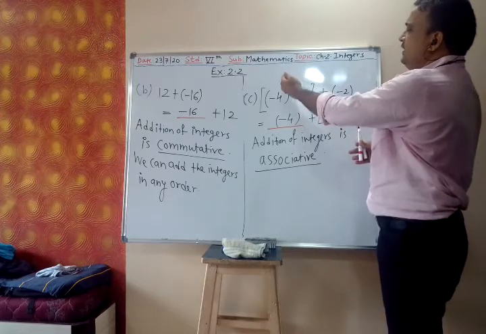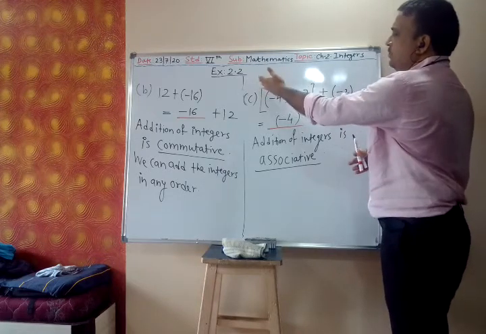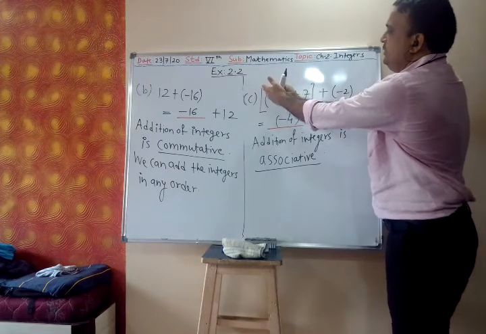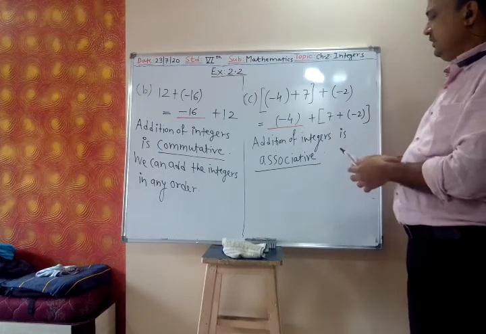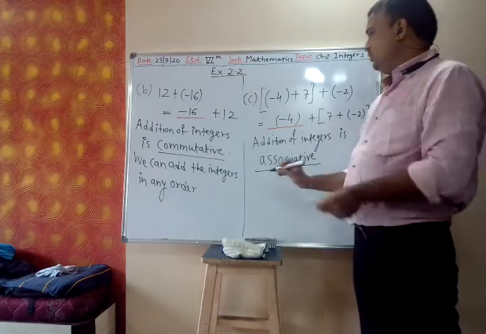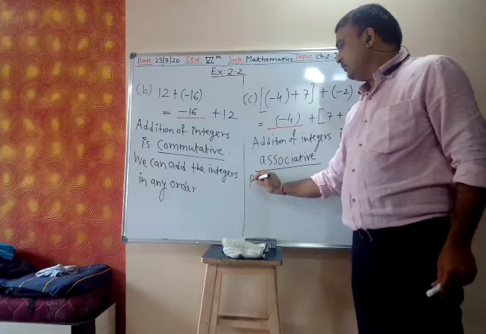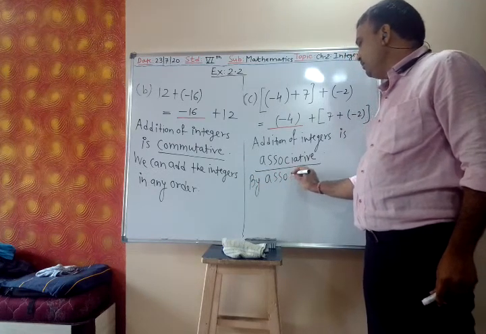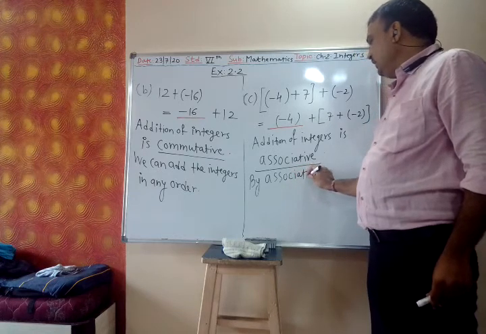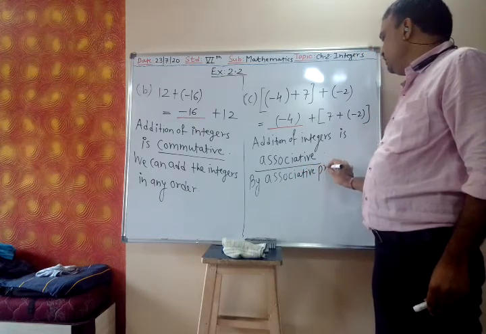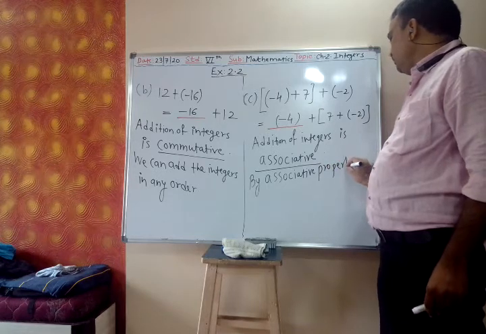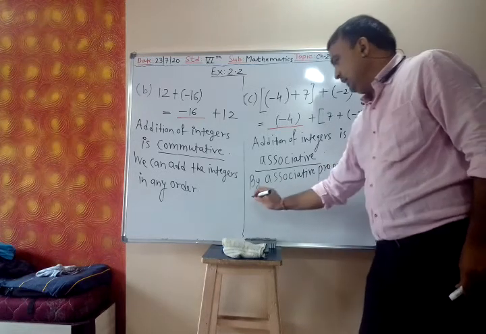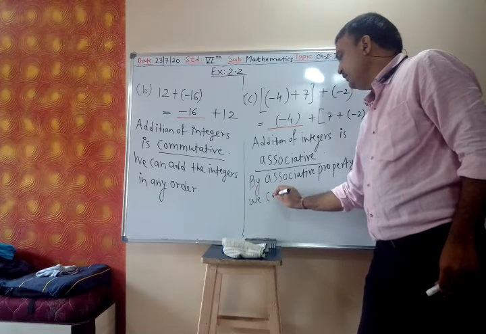Where was the bracket in the beginning? On the left side. Now by the associative property we shift the bracket to the right side. So write down: by associative property. Yes, we can shift the bracket.